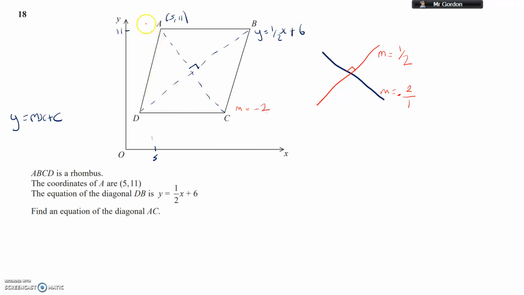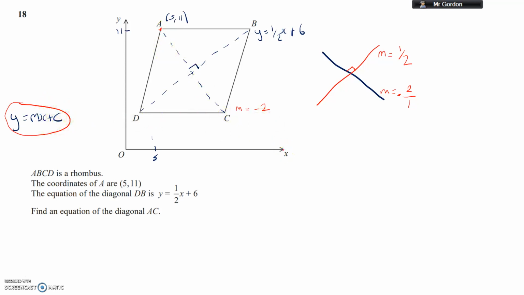And that helps us, because we've got to find the equation of this line here. We've got the gradient, and we've got a point on the line. We know the coordinates of A, which is on the line we're trying to work out the equation of. So you can use the y equals mx plus c formula and substitute in everything you know, and then we can work out the other parts.